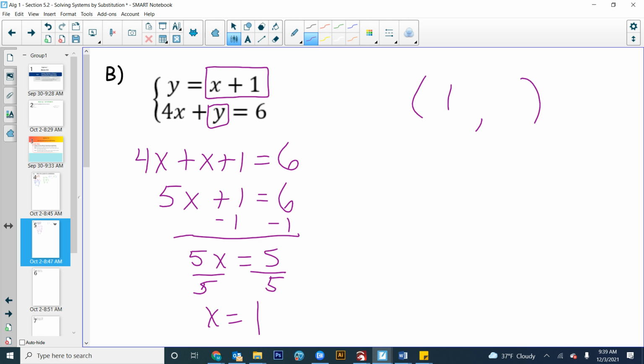So I'm going to rewrite this equation right here. And instead of x, what am I going to put? Subbing that in here. And again, very simple math so far.